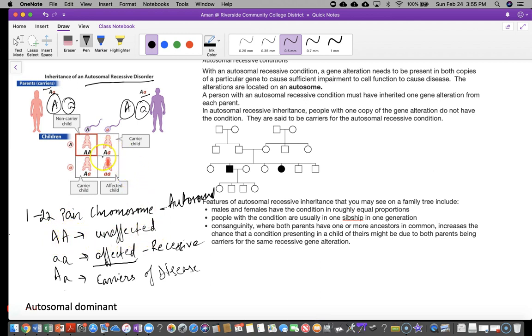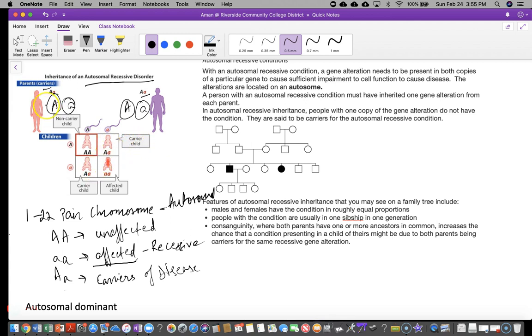Then we've got these two who are capital A, small a, and we call them carriers of the disease because these kids are not going to show any symptoms, but they can possibly give the small a to their kids, and if their kids in future have small a small a, then they can have the disease. So that's why we call these two kids carriers.